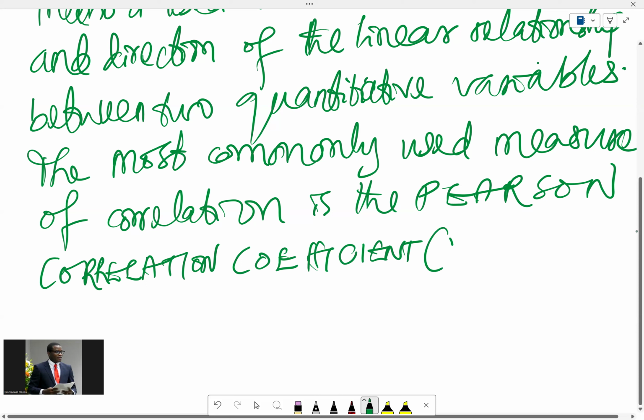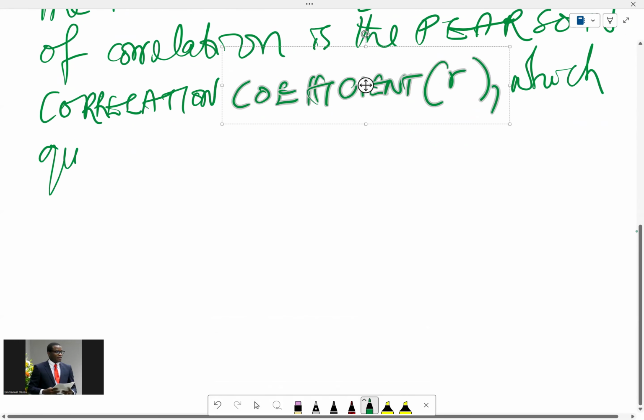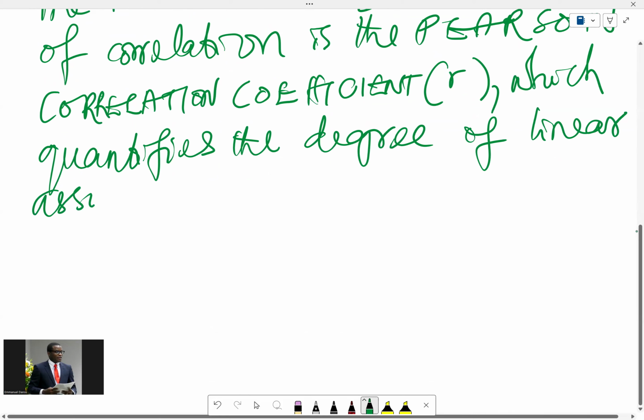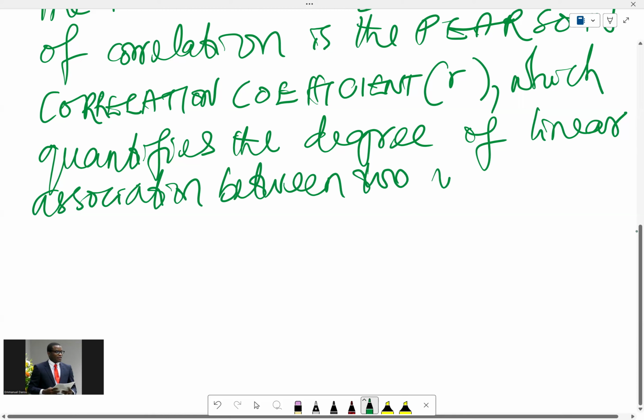It is usually denoted by the letter R, and it quantifies the degree of linear association between two variables, X and Y.